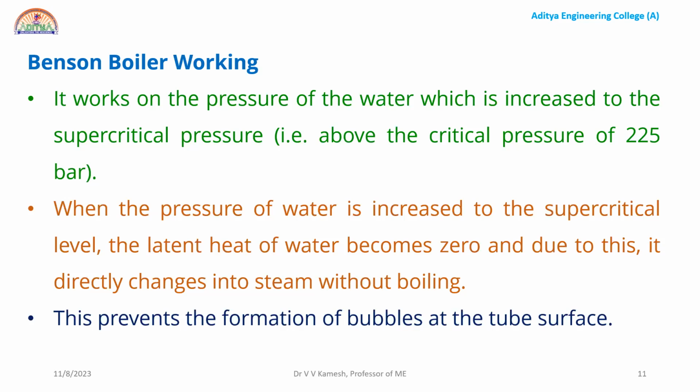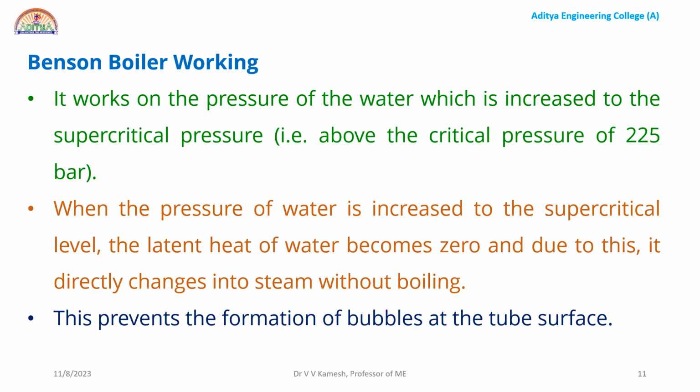So how does the Benson boiler work? The same thing is repeated in somewhat different terminology. It works with the pressure of the water increased to the supercritical pressure, that is, above the critical pressure of 225 bar.